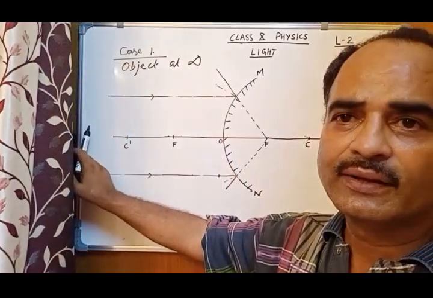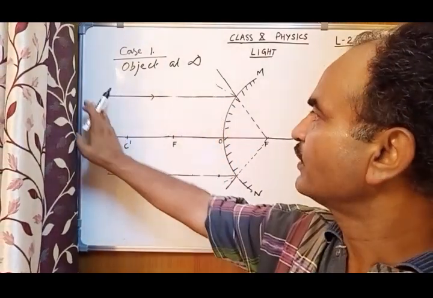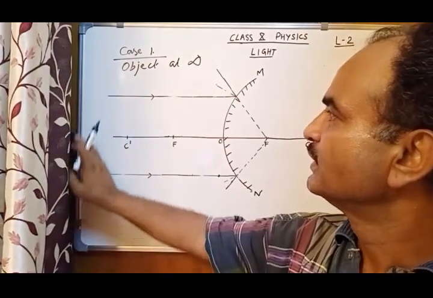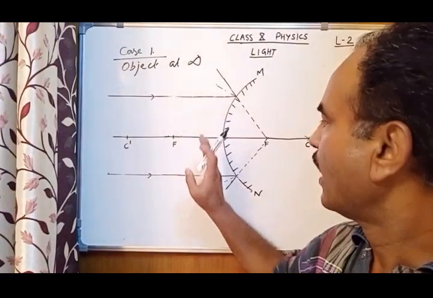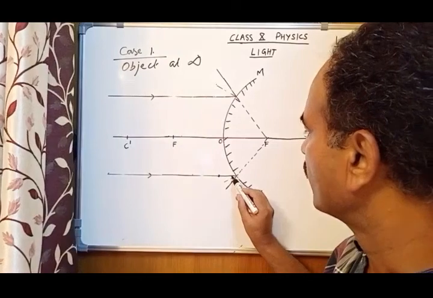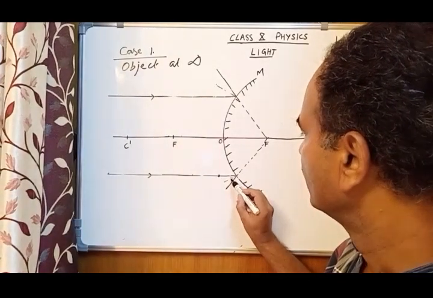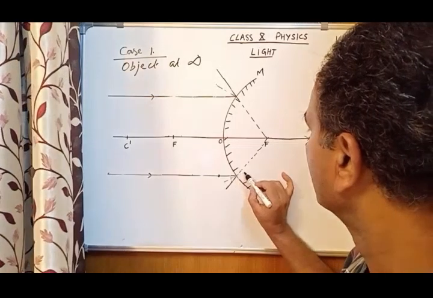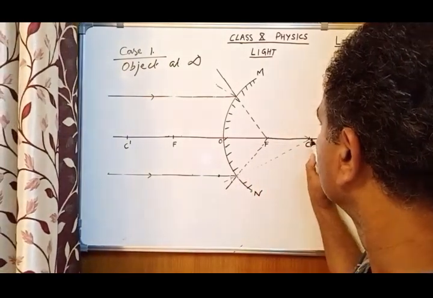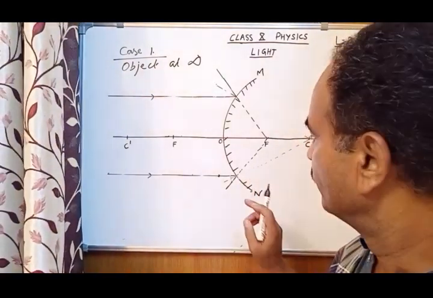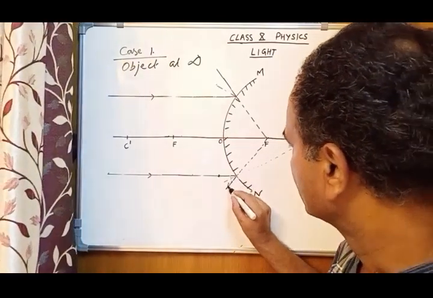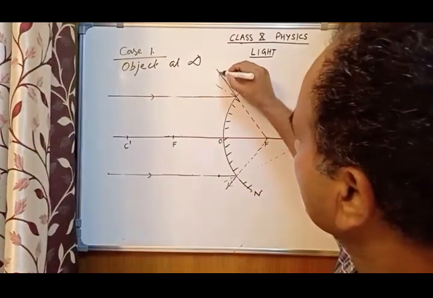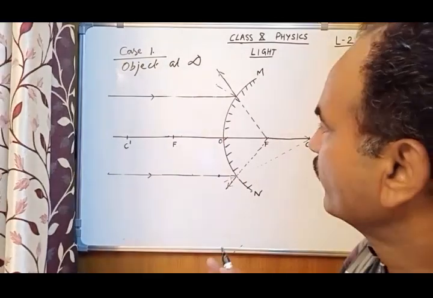The object is kept somewhere in front of the polished surface at infinite distance. Parallel rays are coming, and after reflection they follow the laws of reflection. This angle will be equal to this angle because this particular line is the normal, which is extrapolated to pass through the center, and the rays will go in these directions.